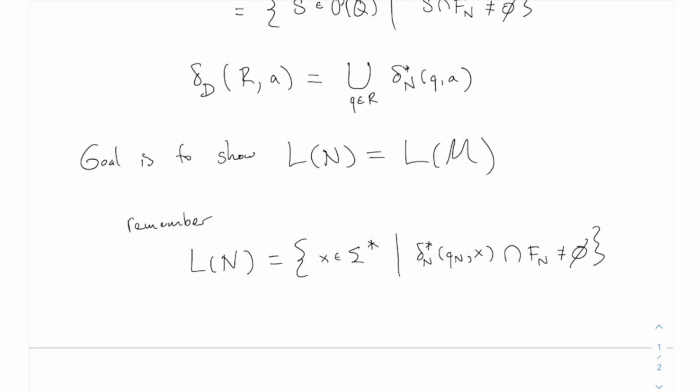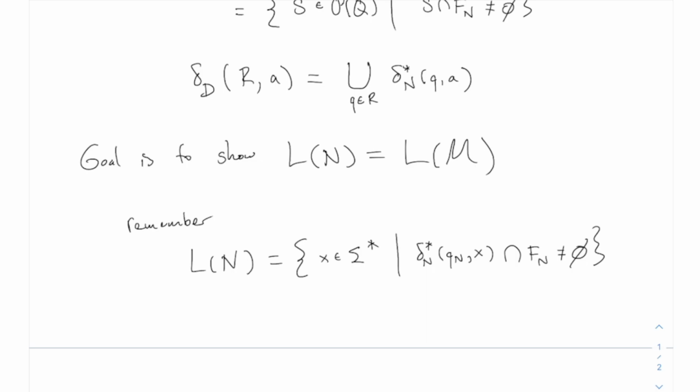That's why I used a capital R here. It is a subset of states from the original NFA, and that's also why you can say Q is an element of R. Each of the DFA states is itself a subset of things from the NFA. All right? This is L of N.